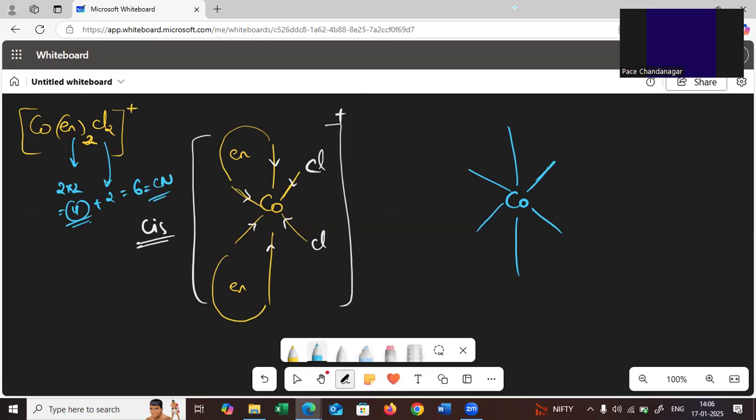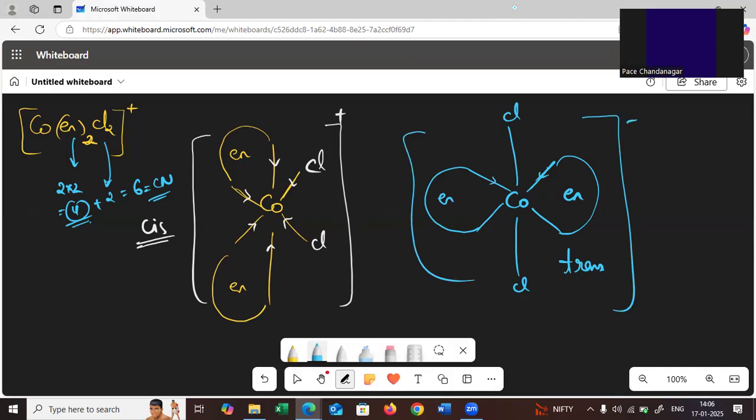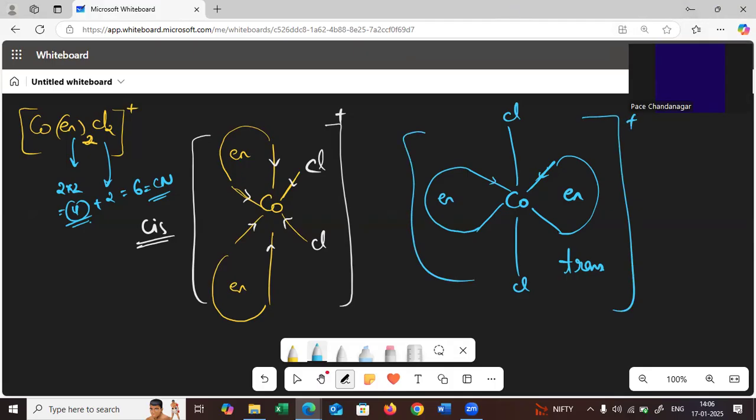I would take chlorines on one side and then en here and en here. This is the trans isomer, with cobalt and a positive sign. So we have only two geometrical isomers here. This is an octahedral complex with two geometrical isomers.